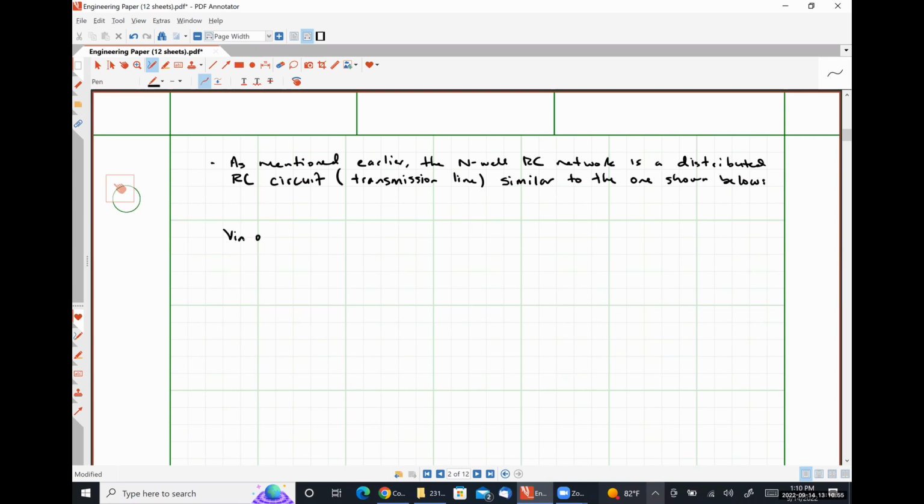Over here, we have our input. This is R square. This is C square. We're going to consider this to be node A. Then we have another resistor R square and capacitance C square. And this will be node B.